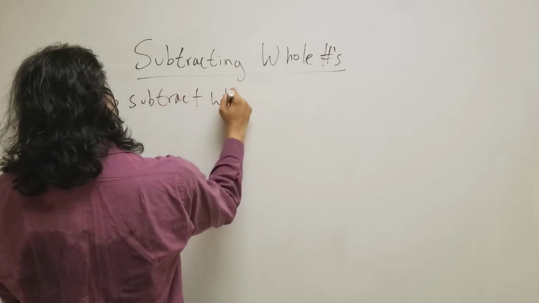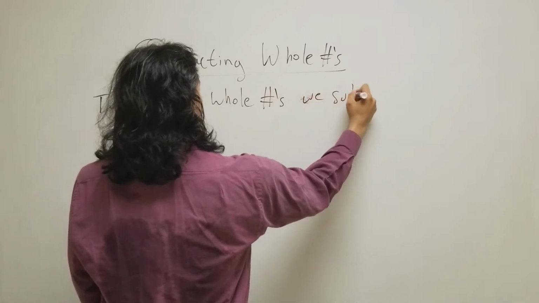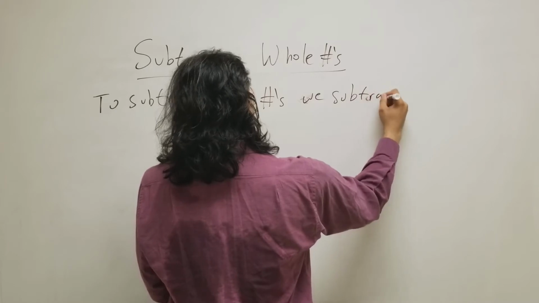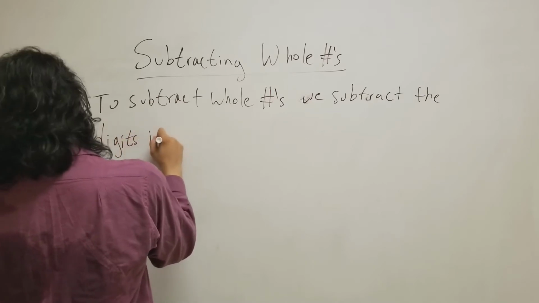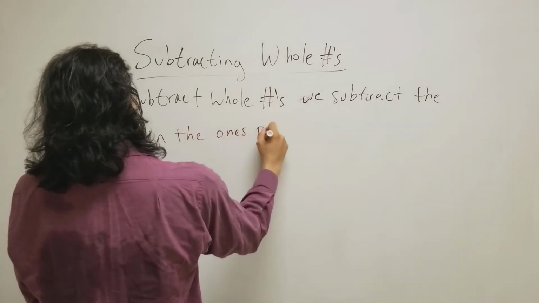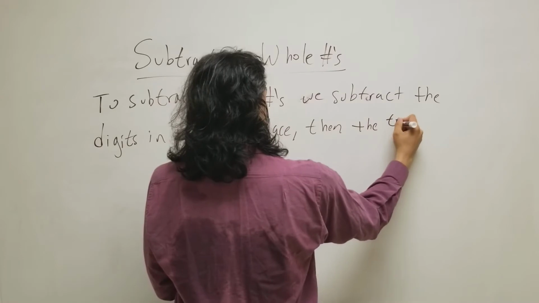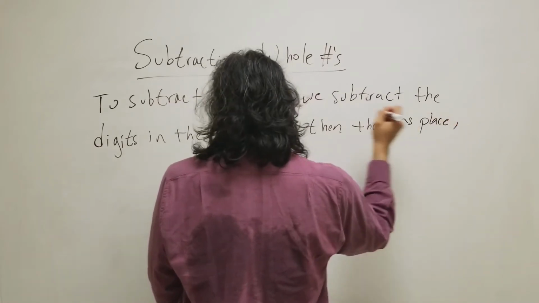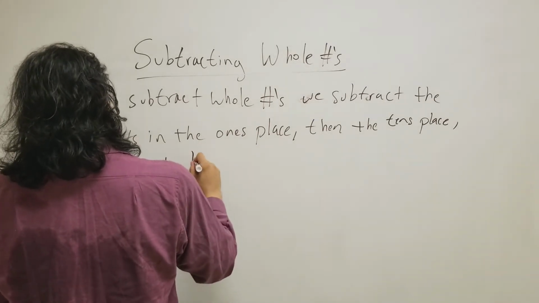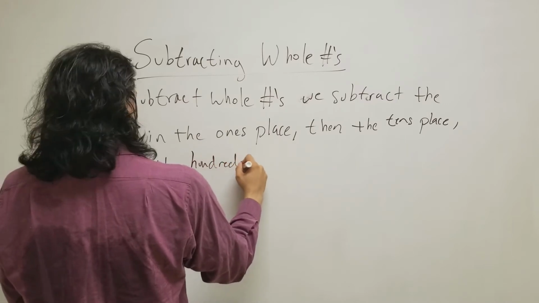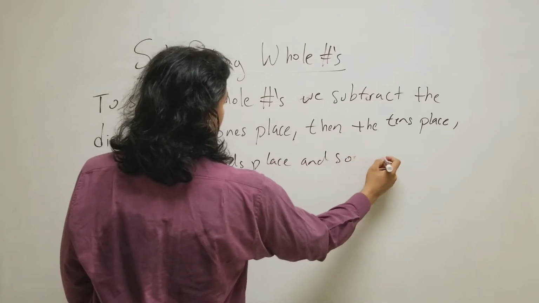To subtract whole numbers, we subtract the digits in the ones place, then the tens place, then the hundreds place, and so on.